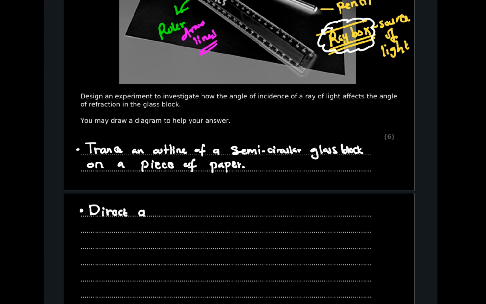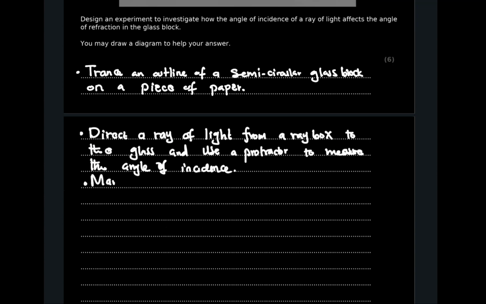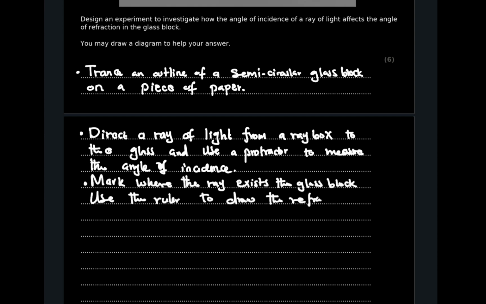So direct a ray of light from the ray box to the glass block, and use a protractor to measure the angle of incidence. Mark where the ray of light exits the glass block, and then use a ruler to draw the refracted ray.